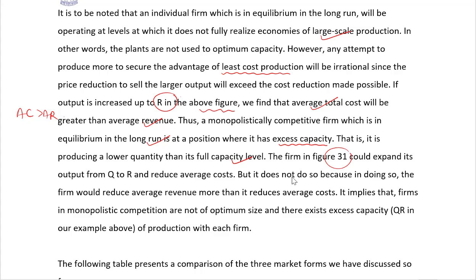The firm in figure 31 could expand its output from point Q to point R and reduce average cost. But it does not do so because in doing so, the firm would reduce average revenue more than it reduces the average cost. This implies that the firms in monopolistic competition are not of optimum size and there exists excess capacity, that is QR, in each firm's production.